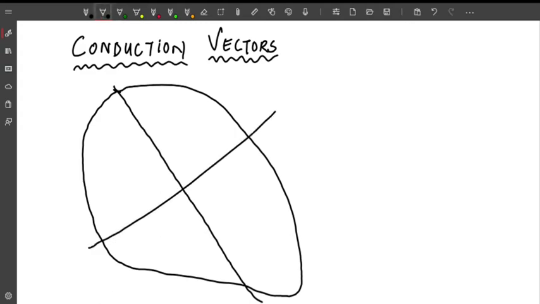And here is the SA node and here the AV node. Okay. So we have 4 steps. You need to remember those 4 steps.